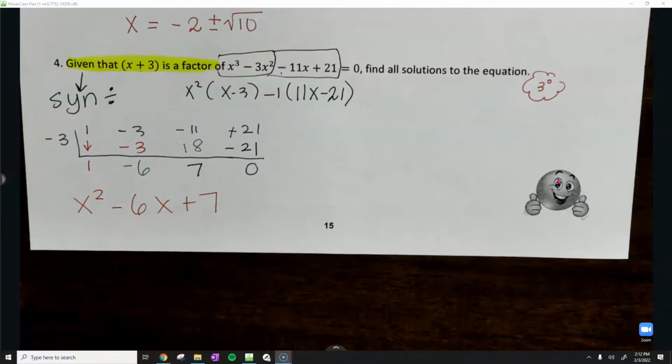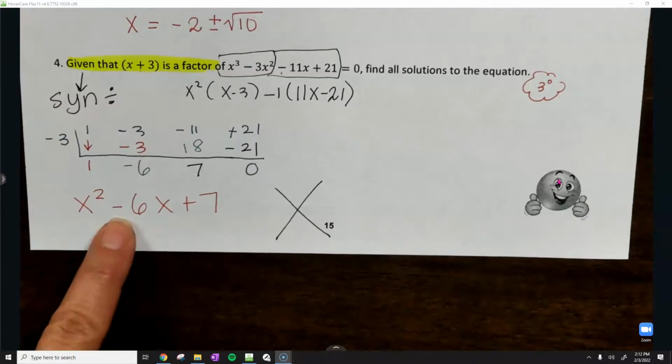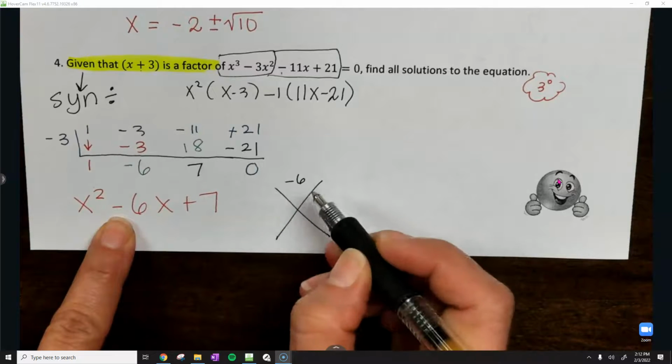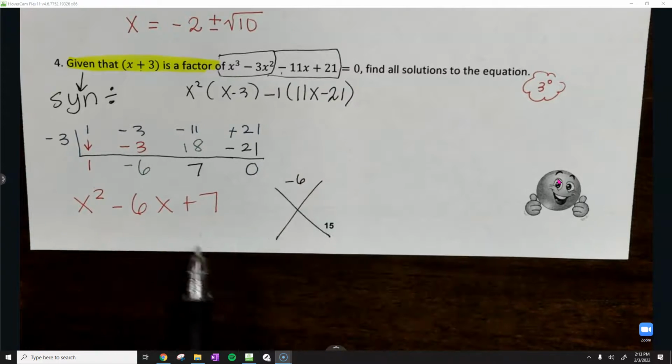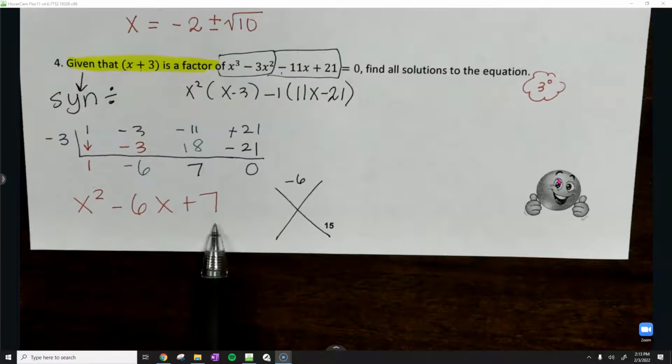And that's great, but I need to know the solutions. So, now I'm going to draw my graphic organizer. I'm going to put my B at the top. And then, are there any numbers that multiply to a 7 that add to a negative 6? A 7 and a negative 7 and a positive 1, you're right, but what's a negative 7 times a 1? It's negative 7. Yeah, we need it to be a positive 7.